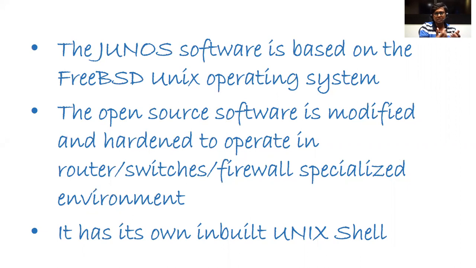The good part of Junos is it has its own inbuilt Unix shell. And the idea of this series is how we can leverage the capabilities of this inbuilt shell and optimize our day-to-day routine.